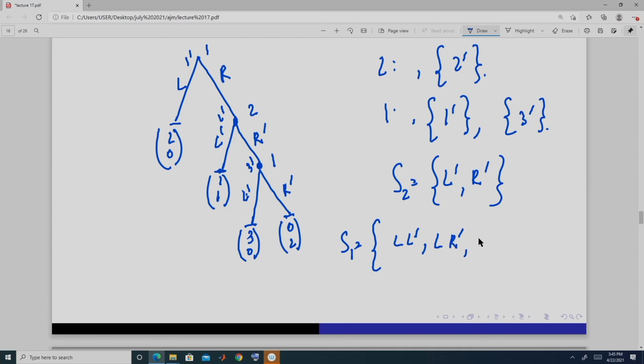We have to discuss all the possible plans, right. So, we have to specify the actions for each node or each information set. R L dash, R R dash. But here if player 1 plays L, then it is never going to choose this here because the game ends here, but still we have to specify it. So, these are the strategies of player 1 and these are the strategies of player 2.